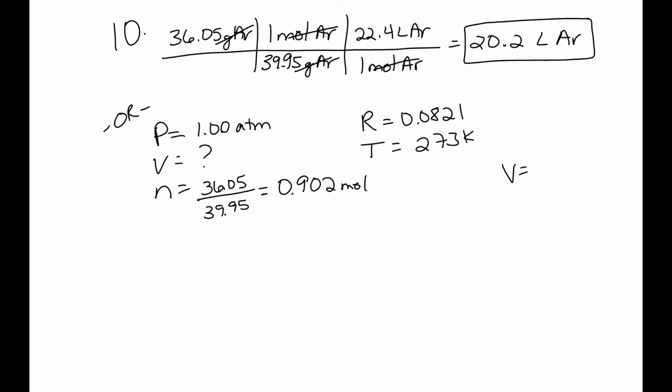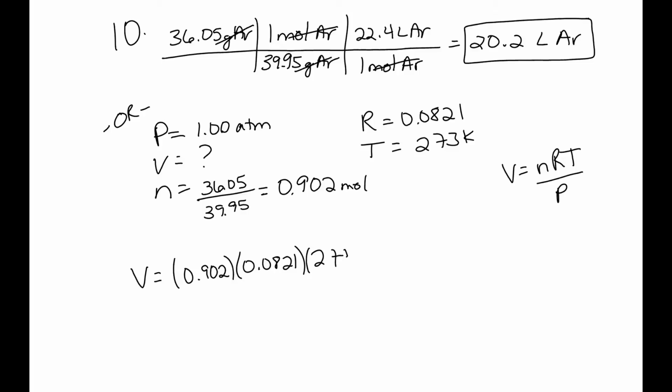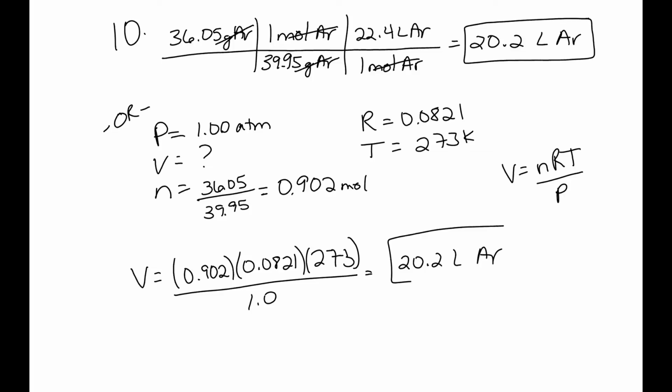Now our equation, because it's volume equals, you should have all of these ideal gas law equations written on your sheet. Okay, so volume is 0.902 times 0.0821, 273 all over 1.0, and you get 20.2 liters of argon. Either way you look at it, you get the same answer. Doesn't matter which.